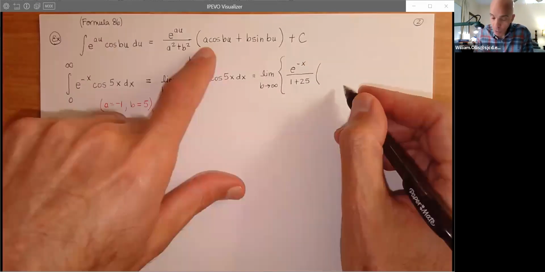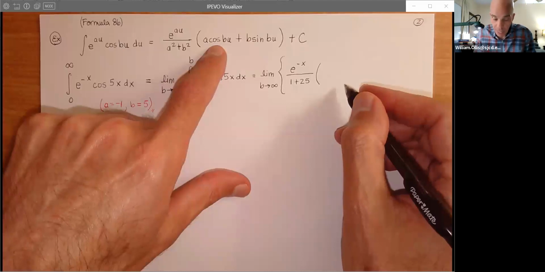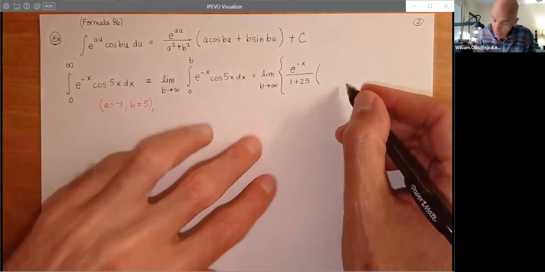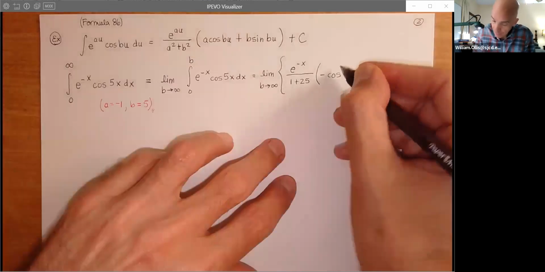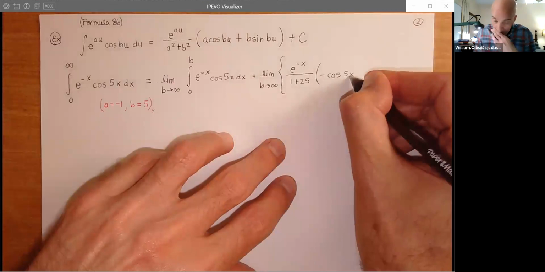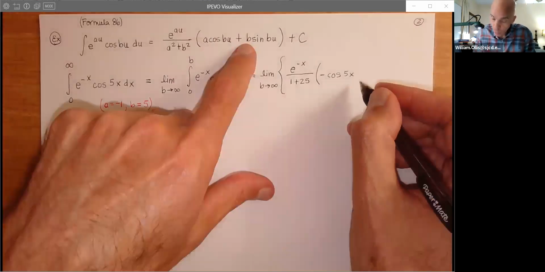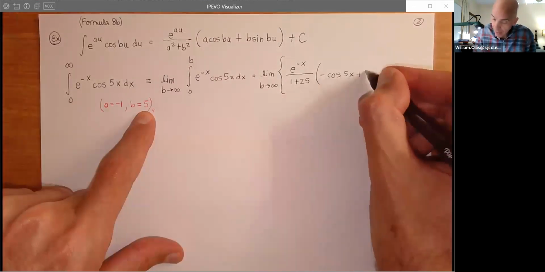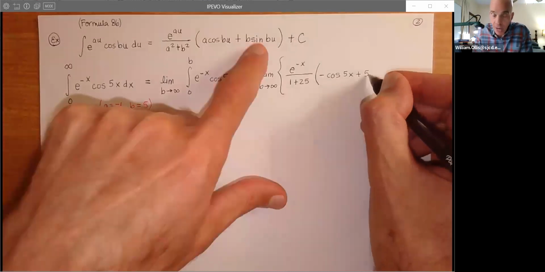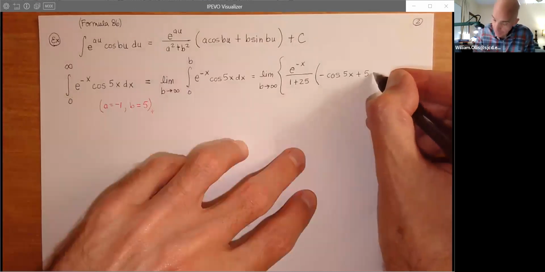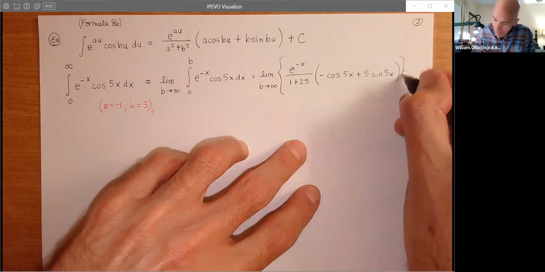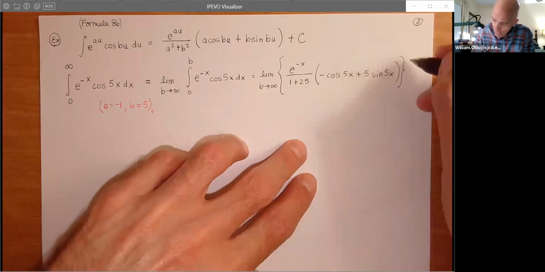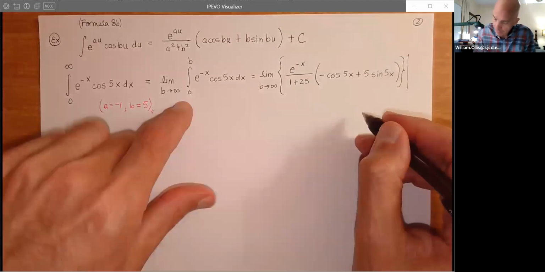And now inside, we'll just go ahead and replicate all of this. So we have a -1, so a negative cosine 5x. And then we have a b, so we have plus 5 sine of 5x. And then we evaluate from 0 to b.